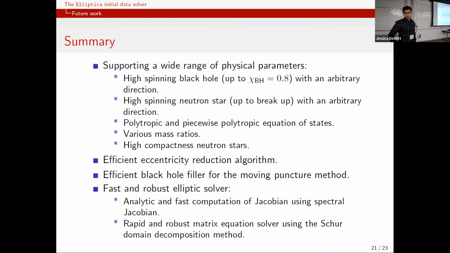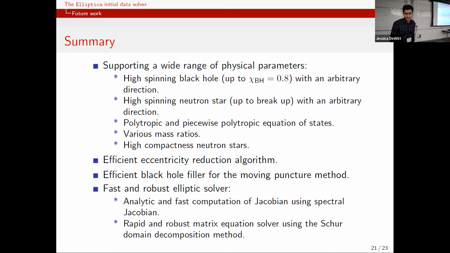So in summary, I want to say that Elliptica supports a wide range of physical parameters, like high spinning black holes with arbitrary direction, high spin neutron stars with, again, arbitrary direction, polytropic and piecewise polytropic equations of state, various mass ratios, and high compactness neutron stars.